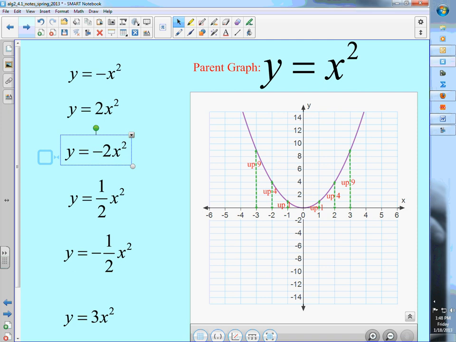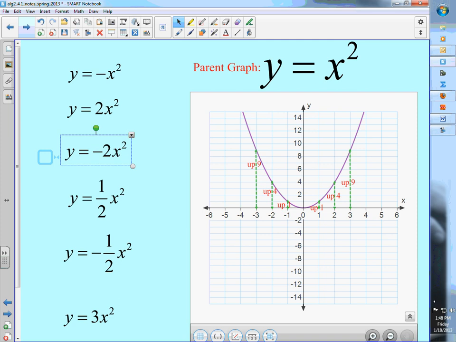Now this is posing problems for people. Okay, there's still a good chunk of people, 3, 4, 5, 6 of you, calling this a horizontal stretch factor because it's a fraction. Just because it's a fraction doesn't make you do that. Where is it? It's in front of the x squared, so this 1/2 is still a vertical stretch factor.